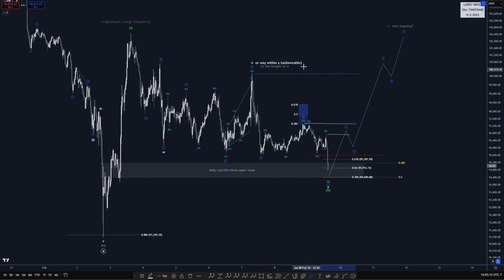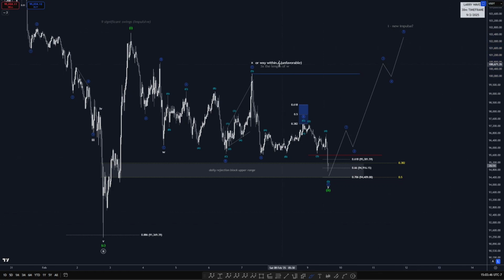And again, the probability becomes greater and greater the more highs we start attacking. This is basically saying that our correction is about to complete pretty much today, and we expect a significant push to the upside for a new impulse. Then we'll look for a retrace for wave 2, and then more upside to come for wave 3.